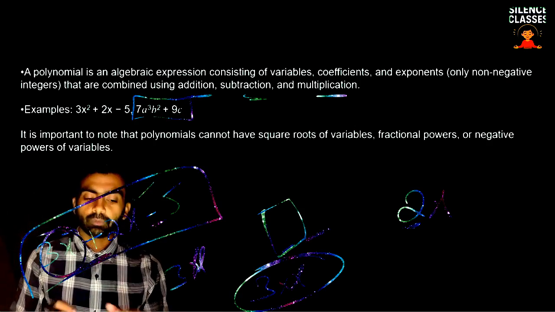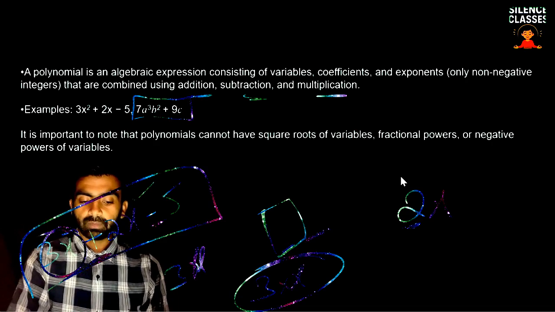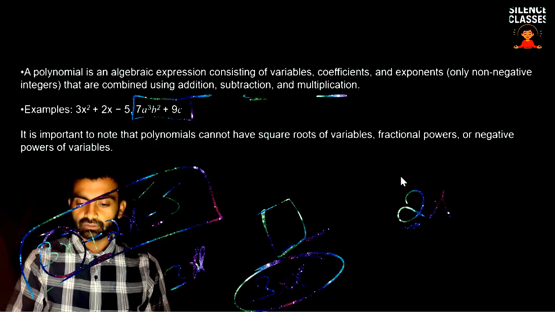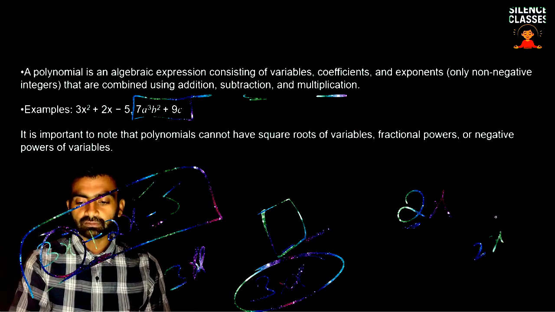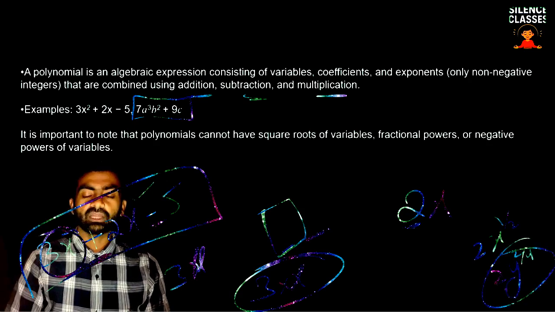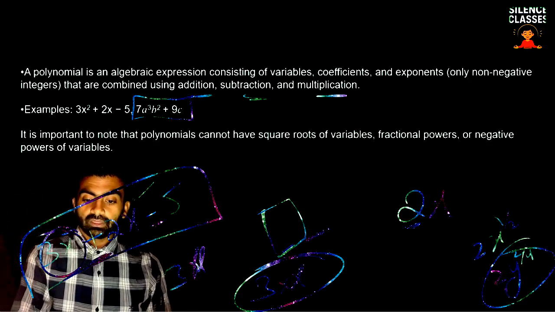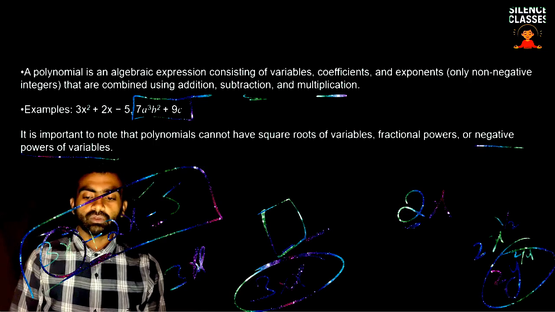One important note: polynomials cannot have square roots of variables or fractional powers, which means the power cannot be in the form of a fraction. It cannot be written in the form of 2x to the power 1 upon 2, or 2y to the power 2 upon 4. And negative powers cannot be there.